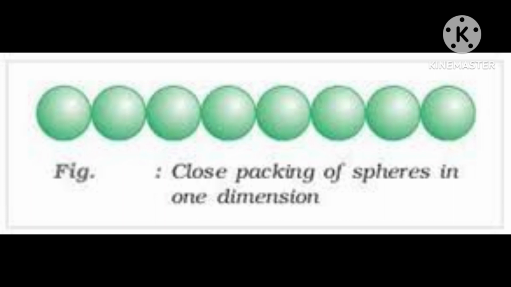Suppose one row is there, same way other row. Suppose 5 spheres you have put, first 5 or 7, whatever way. Then another row again 7, third row again 7, fourth row again 7, correct?